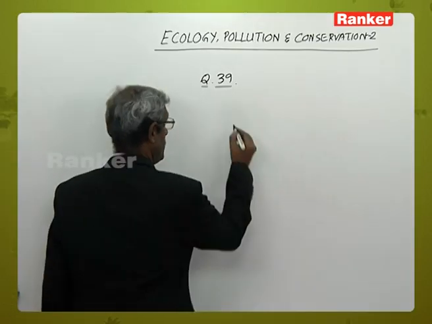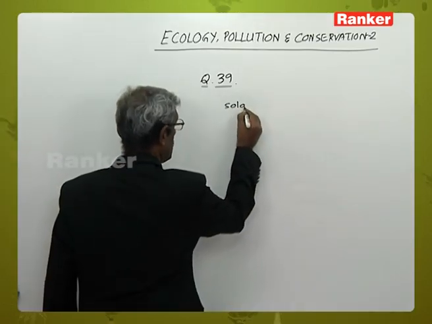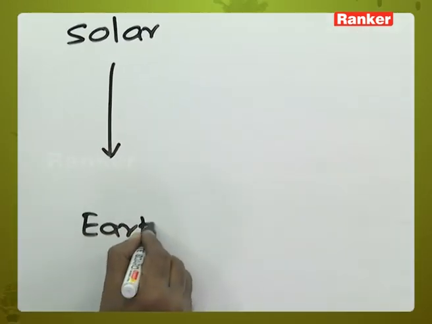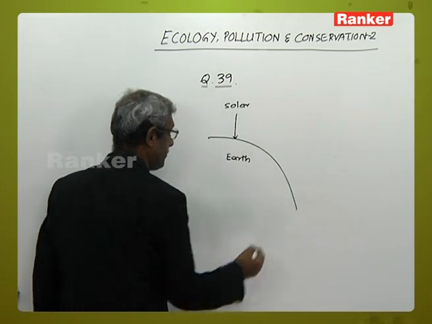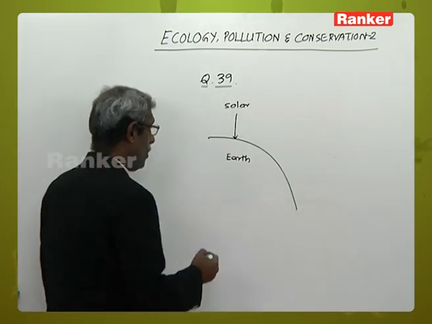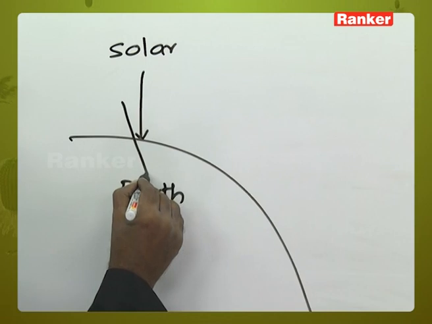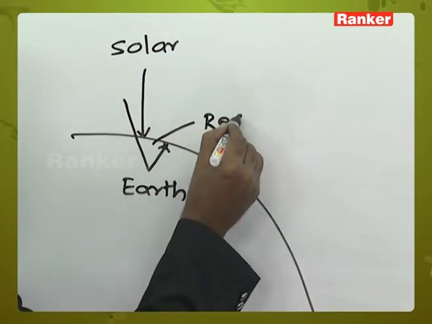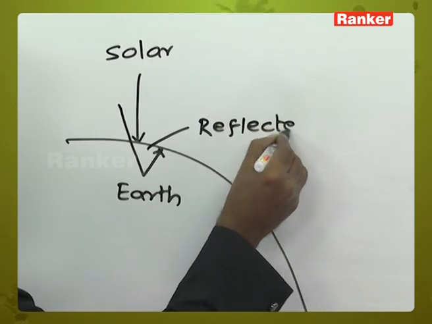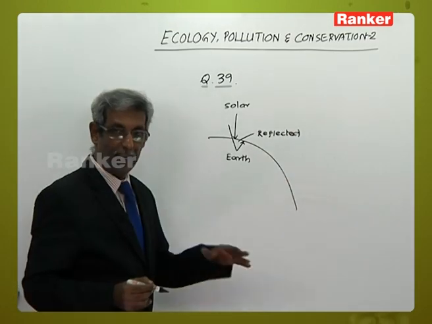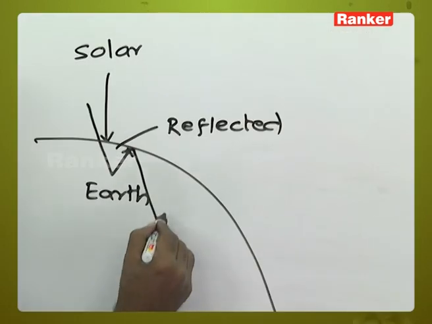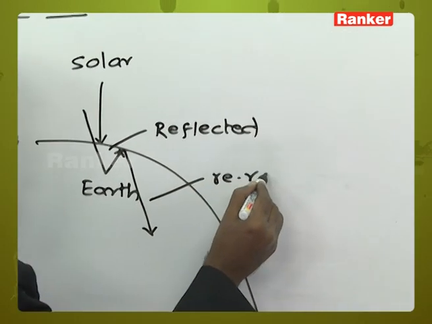Whenever we have solar energy falling on the earth, there is always a part of the solar radiation which is reflected back, and the same reflected radiation is again re-radiated.